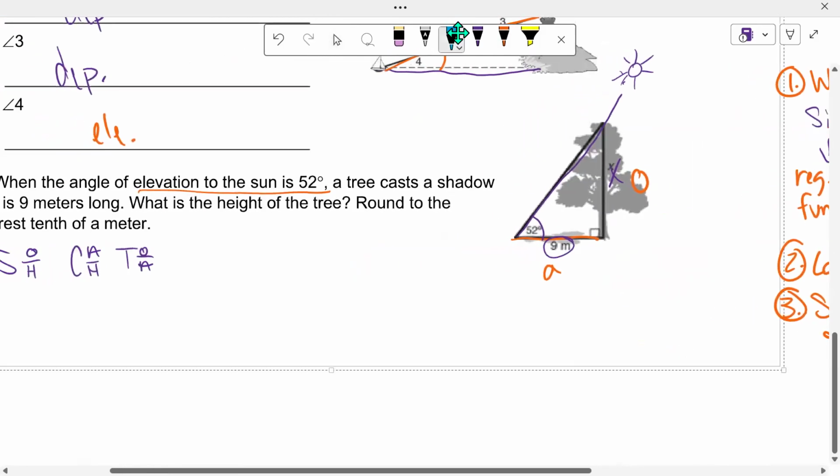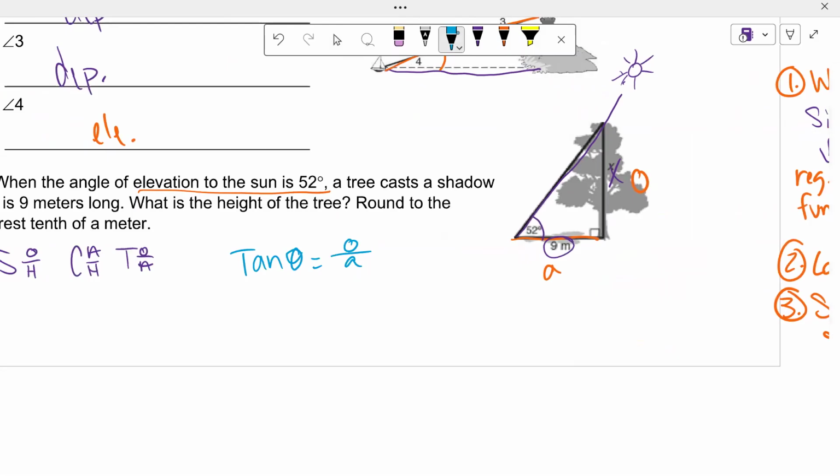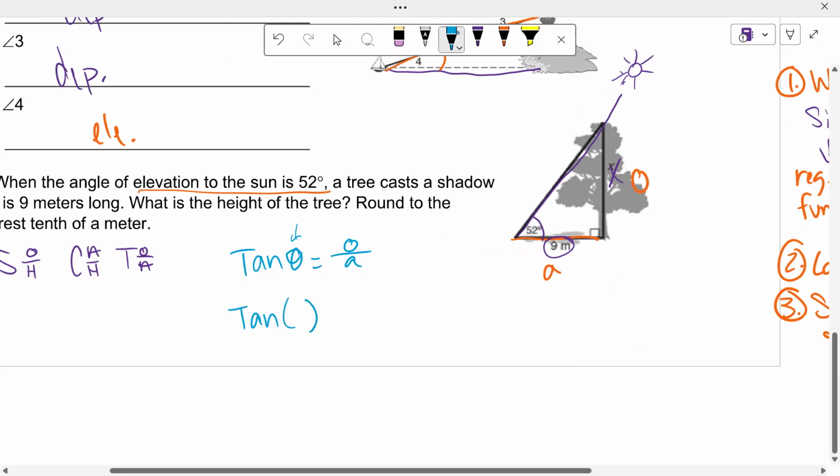So we will have tangent of our theta equals opposite over adjacent. This is the equation you get from your formula sheet. If you don't know what that guy means right there, plug in what you do know. So we have tangent of whatever theta is equals opposite, standing for x, over adjacent, standing for 9.